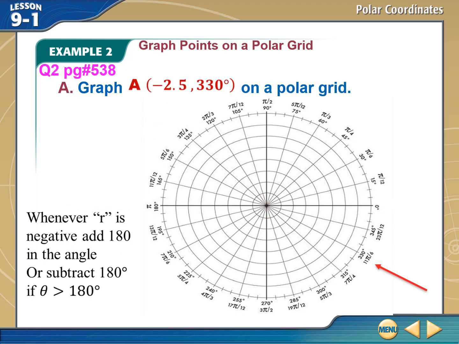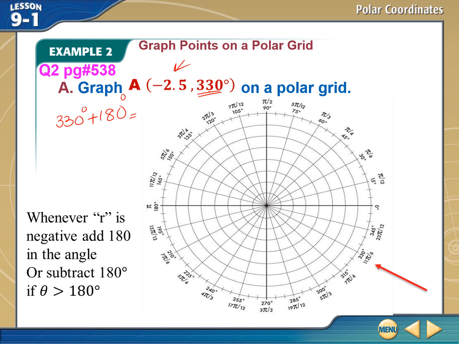Let's try one more question: 330 degrees, and r is negative 2.5. Remember what I told you, that you have to add 180 degrees to the angle to get your final answer.